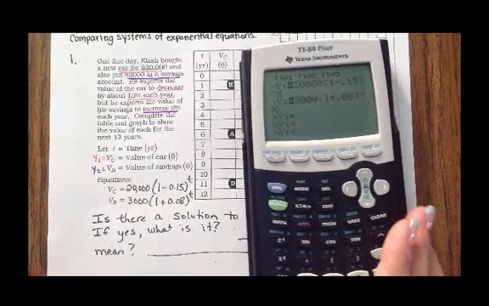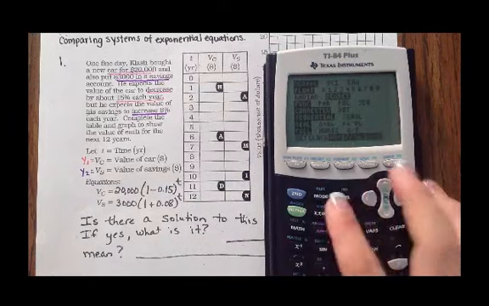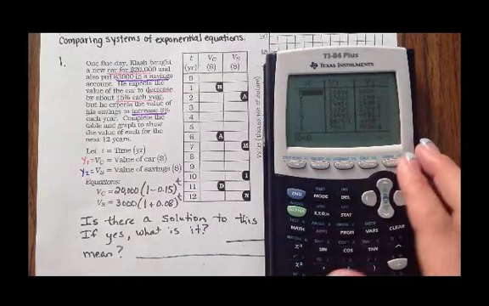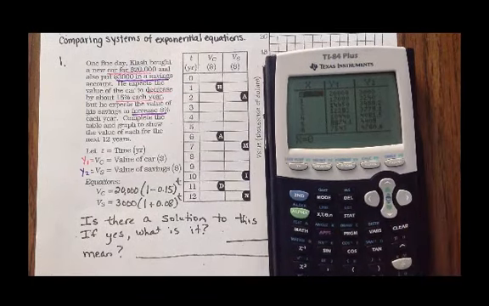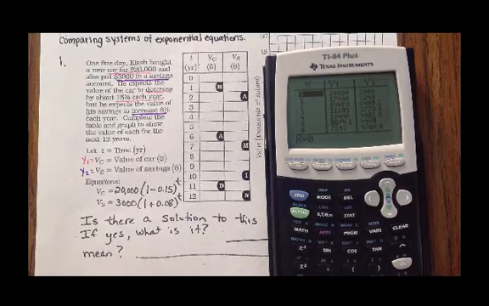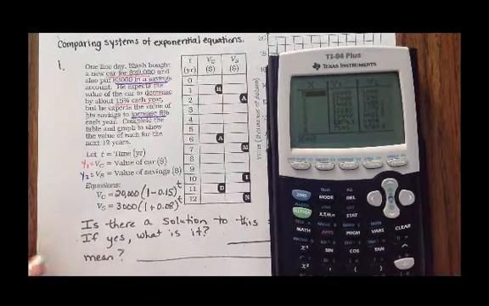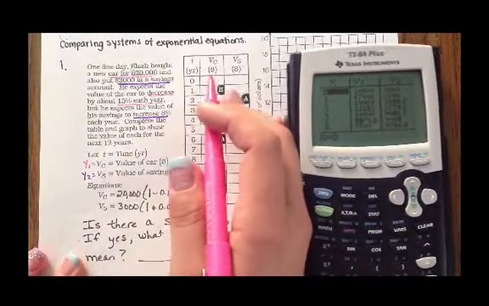In order to fill out our table, we can push the second button, and then graph. So this brings us to our table of values. Now we can fill in each table. So remember, y1 is the value of our car, y2 is the value of our savings. So when x is equal to 0, or our time is equal to 0, we have 20,000.